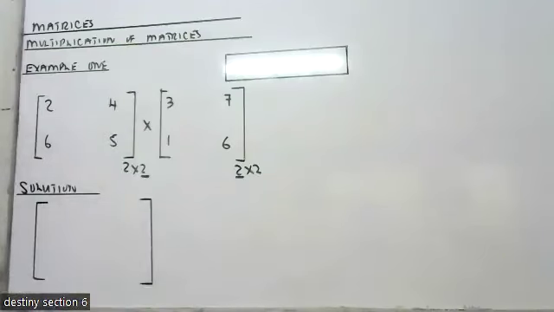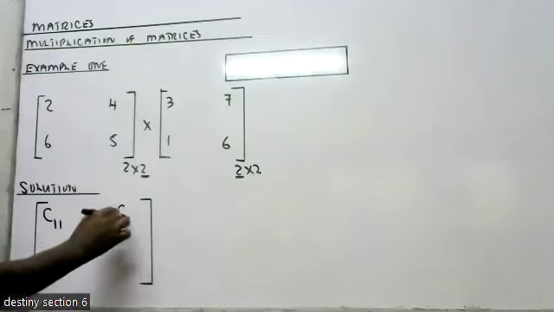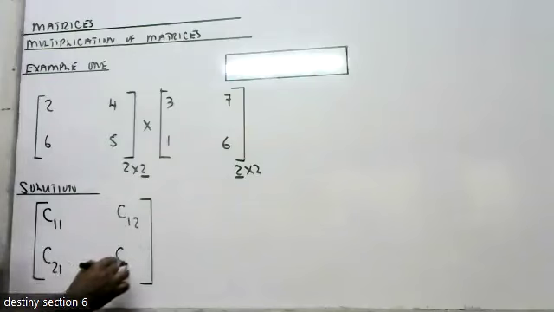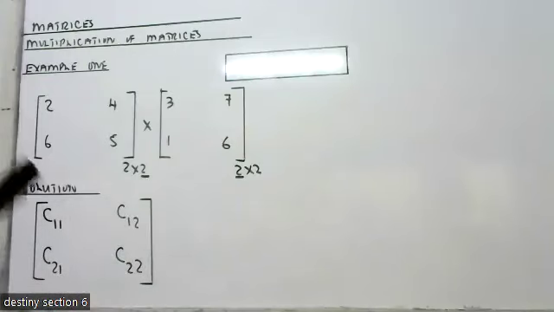Assume that matrix is matrix C. So we will have an element in row 1, column 1, an element in row 1, column 2, an element in row 2, column 1, and an element in row 2, column 2. That is how our solution will look like.